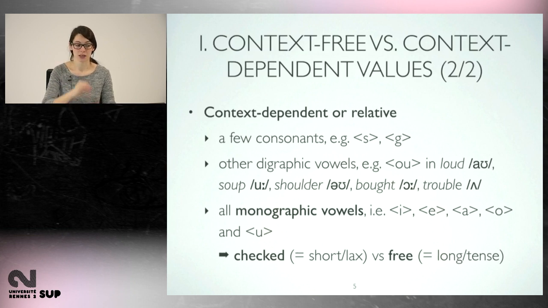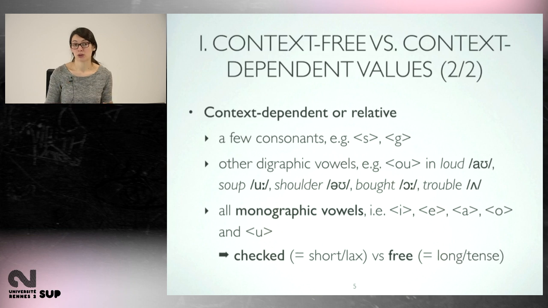Free context is a context where the vowel is not kept in check, meaning that there's no consonant following the vowel, in the word or in the syllable. So originally, the free value of a vowel was found in an open syllable. These terms, checked and free, were used originally to describe the types of contexts in which these values occurred.